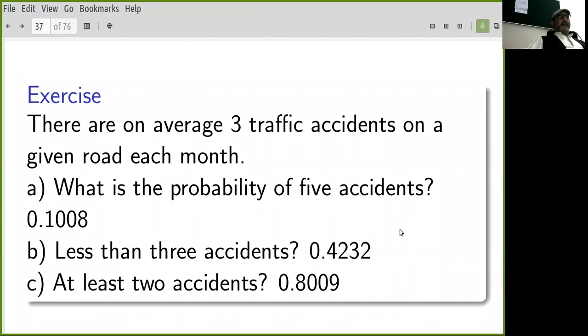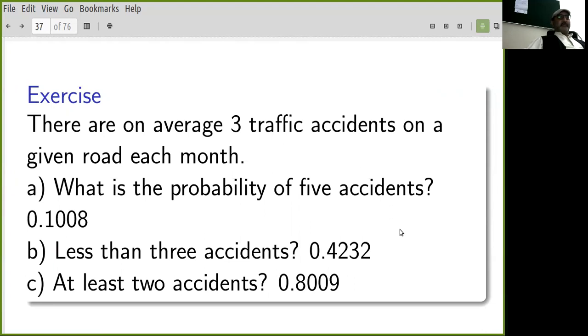An exercise for you to do. There are on average 3 traffic accidents on a given road each month. What's the probability of 5 accidents in a month? What's the probability of less than 3 accidents in a month?